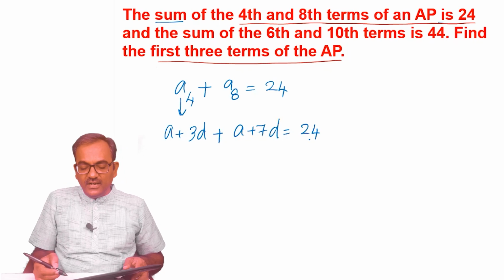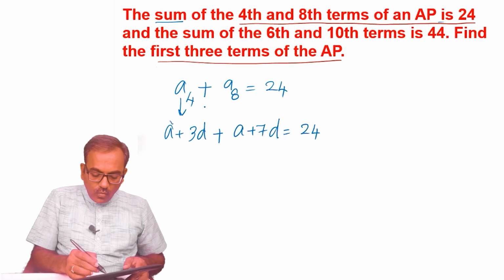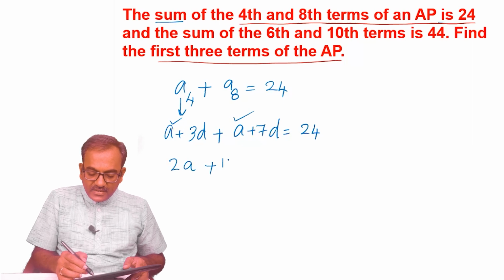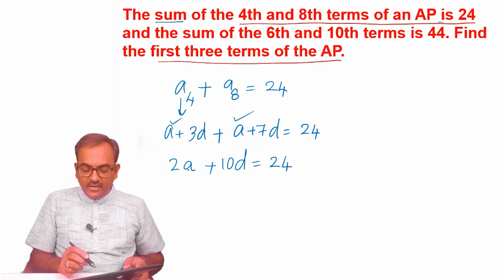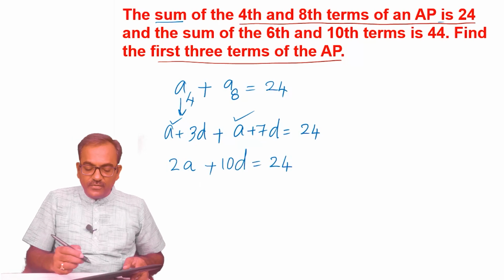That will result in 24. a plus a will give you 2a, 3d plus 7d will give you 10d, which is 24. So 2a plus 10d is equal to 24.